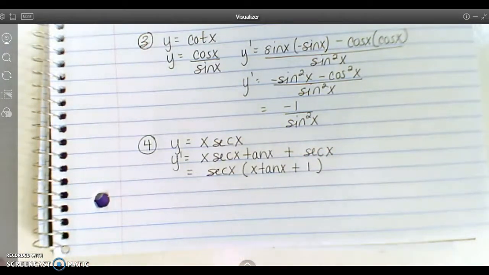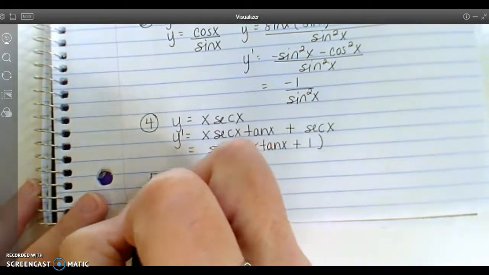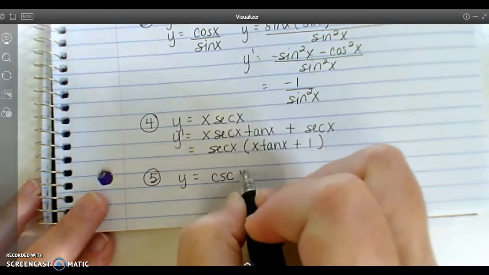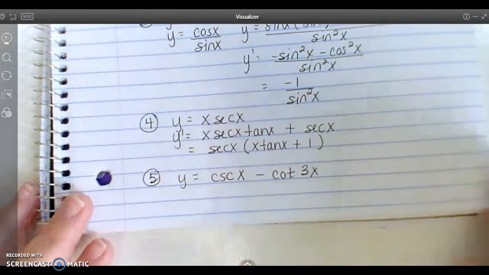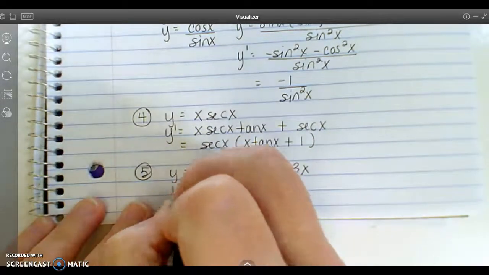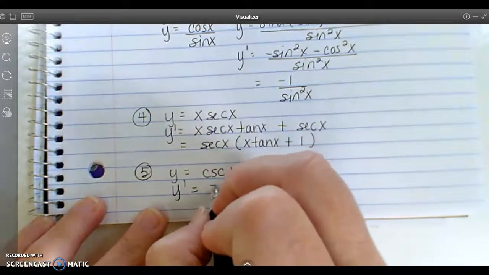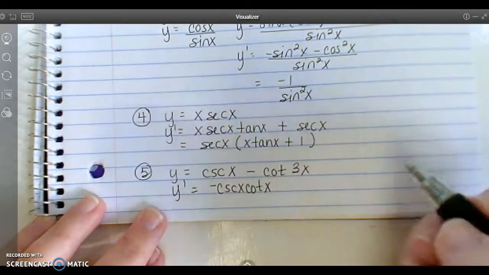Alright, let's say that we have y equals cosecant of x minus cotangent of 3x. The derivative of cosecant of x is negative cosecant x cotangent x.